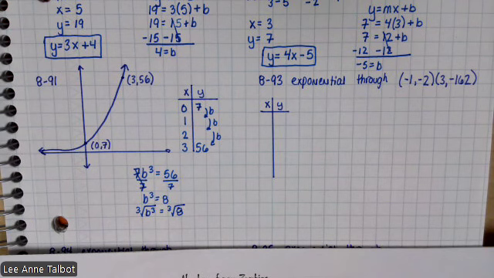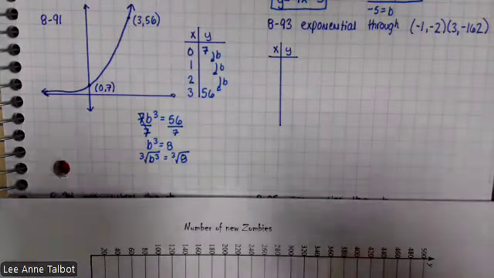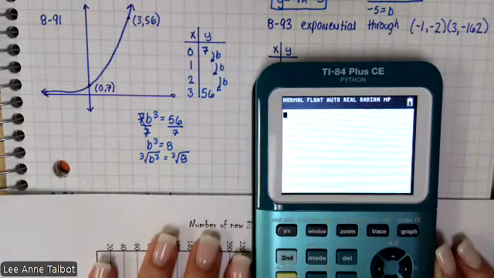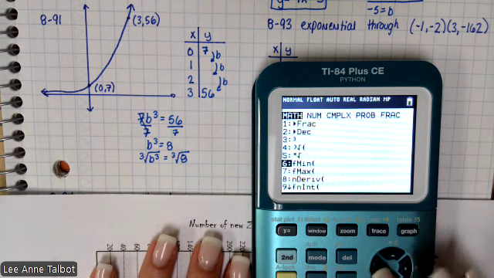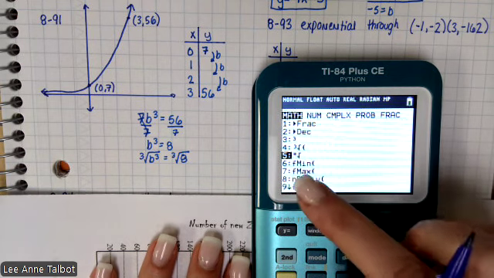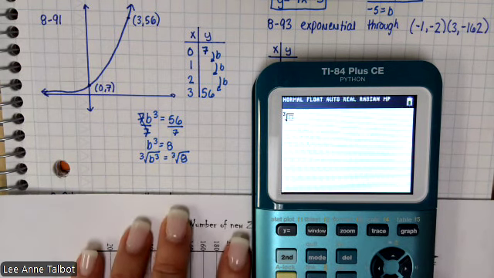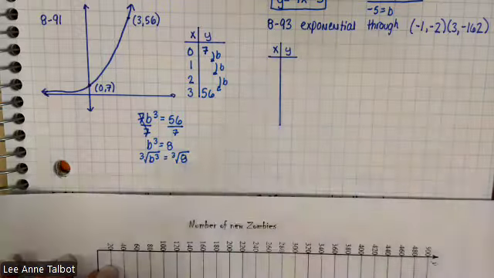Cube root to undo the cubed, and most of us know it's 2, but it's a good time to practice being able to do the cube root on the calculator. I type 3 and then hit the math button and scroll down to x root. And if I do that, it'll plug the little 3 in there for me. Cube root of 8 is 2.